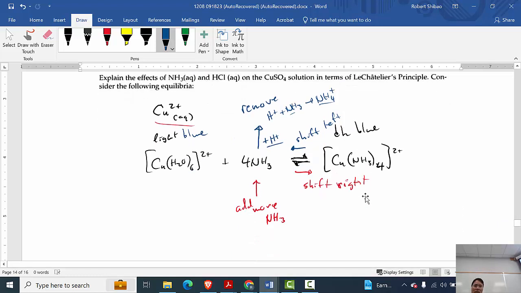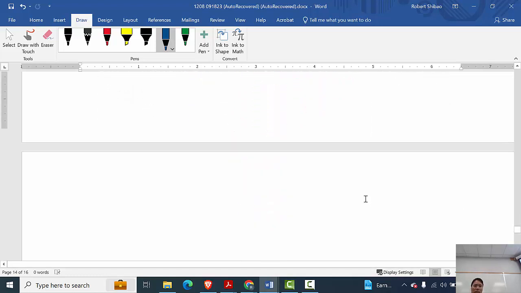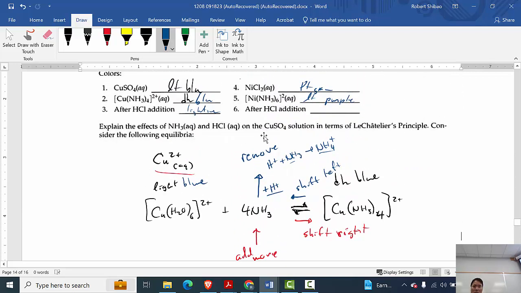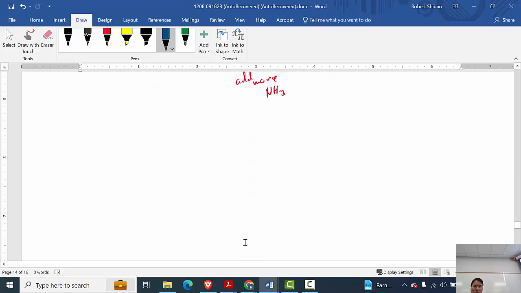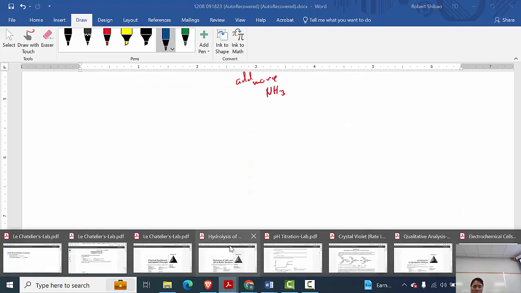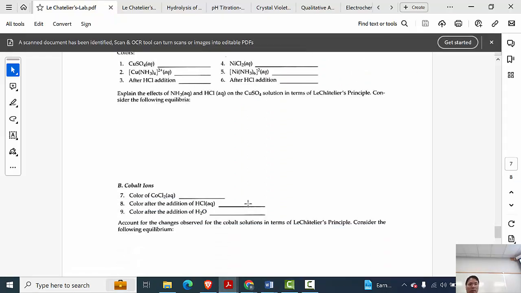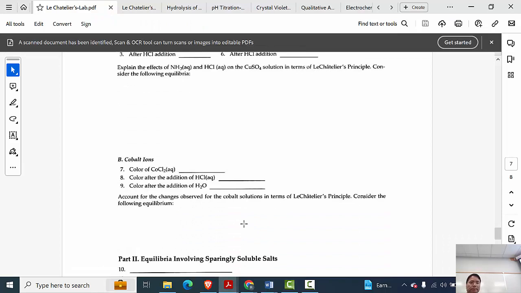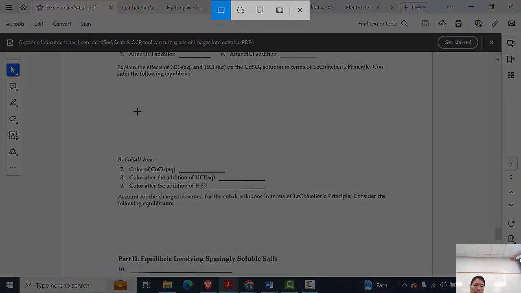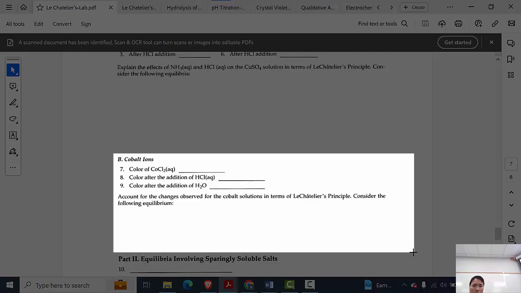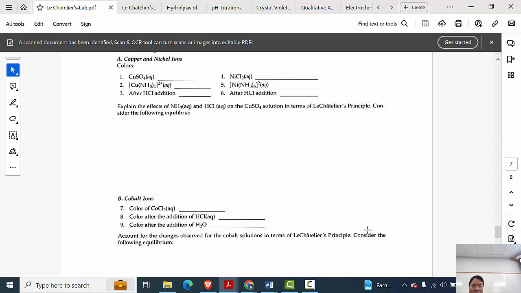And then we're going to do the same thing. We're going to have an equilibrium. This is for copper 2 sulfate. So the next part of this lab is the cobalt. Oh, this is cobalt. I guess they don't care about nickel, huh?